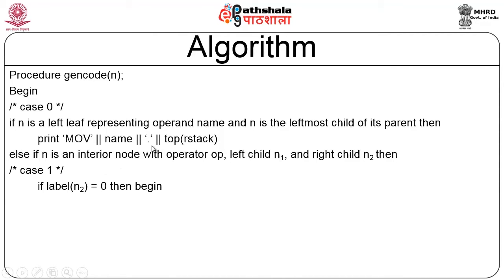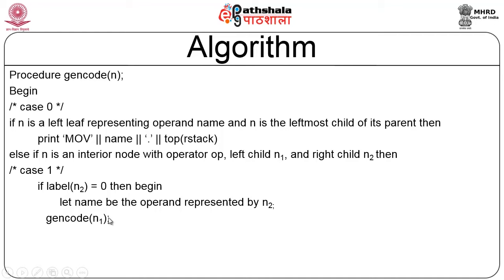Now before looking at whether it is left heavy or right heavy, we have to check whether I am computing the last but one level of my DAG tree, okay. That is what we are trying to look at here. So if the label of N2 is equal to 0, then let the operand name be represented by N2, and then you have to call gen code of N1.